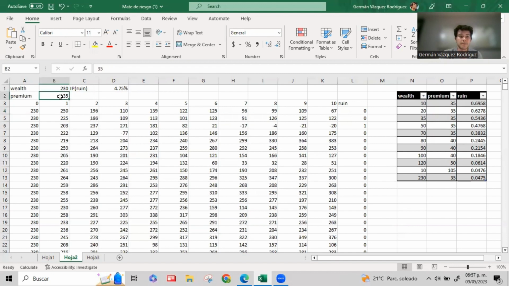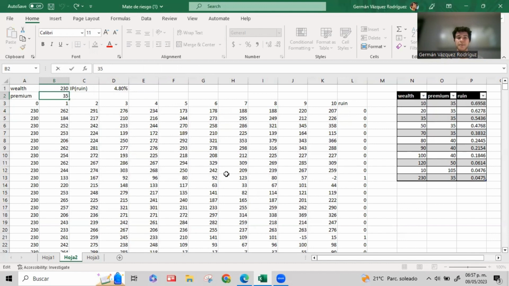But if we have a premium of 35 and we increase this premium, this is obviously a good thing for the enterprise, because the probability of ruin is never going to happen if we are charging a lot.